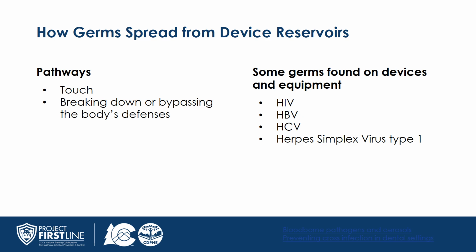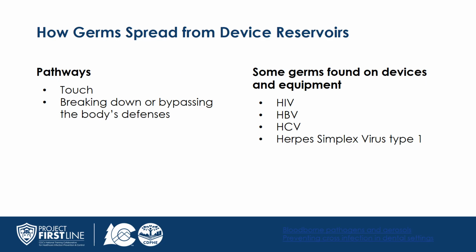Examples of germs that can contaminate devices and instruments and grow on them include blood-borne pathogens, mainly the HIV virus, also hepatitis B and hepatitis C viruses. Reports and studies have also shown contamination of dental instruments with some types of bacteria and other viruses, like herpes simplex type 1 virus.